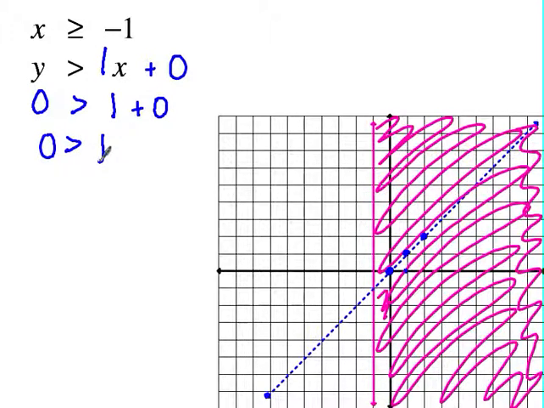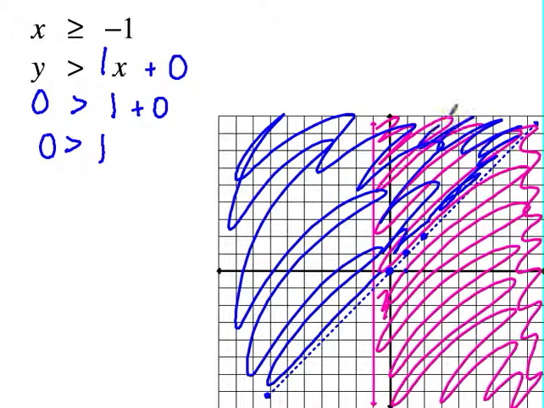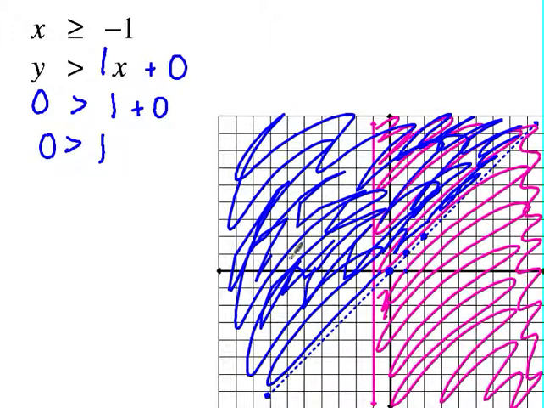No. So what side are you going to shade? Left. But what if you had chosen a different point? It'll still work. You could choose 0, 1, you could choose 2, 0, you could choose 3, 0.